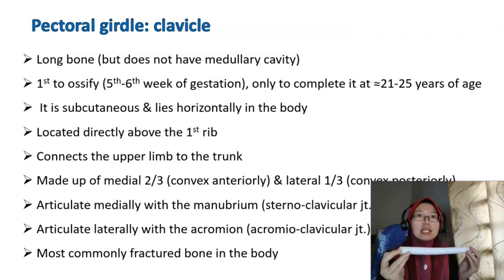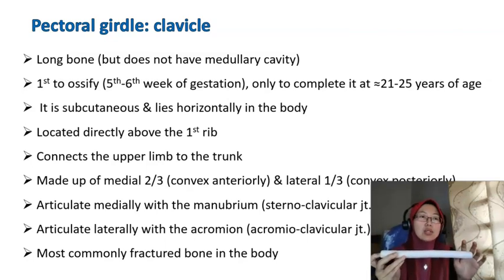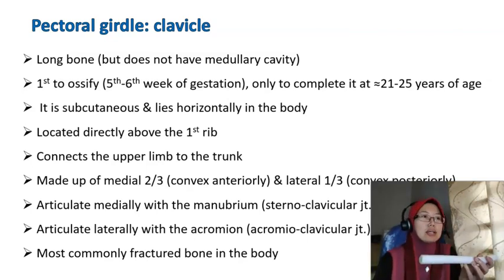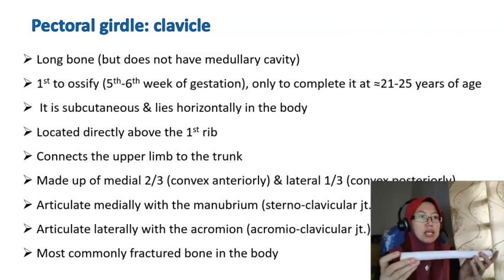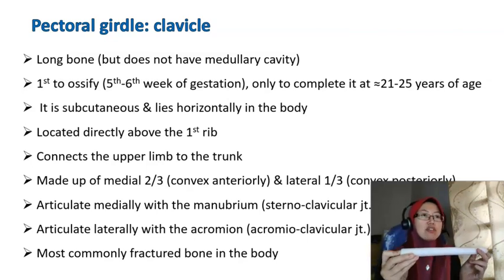And the other unique thing about clavicle is that it is the first bone to ossify in human body, but it is among the last to complete its bone formation. So you can determine a person's age by looking at ossification of clavicle.